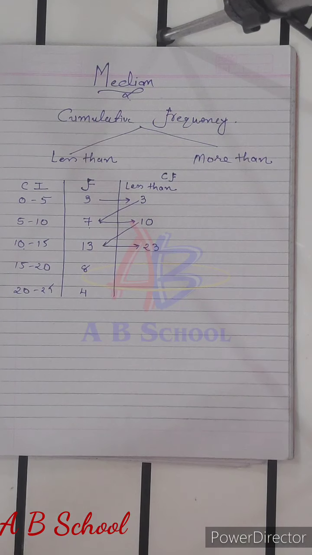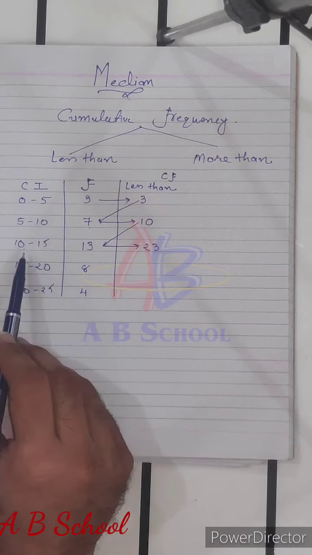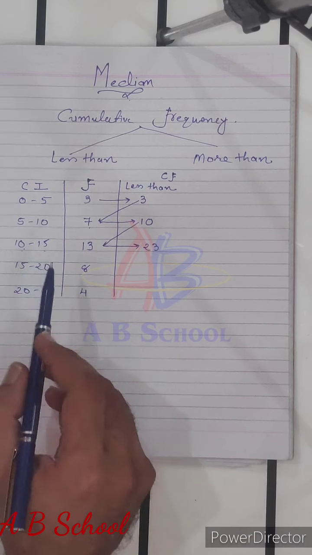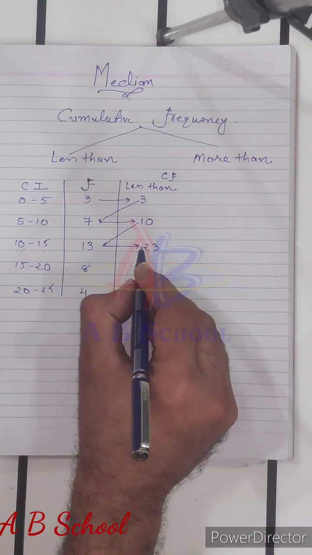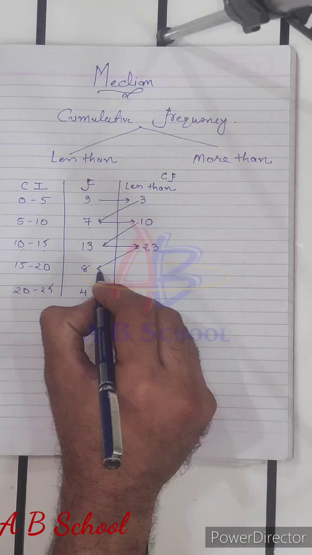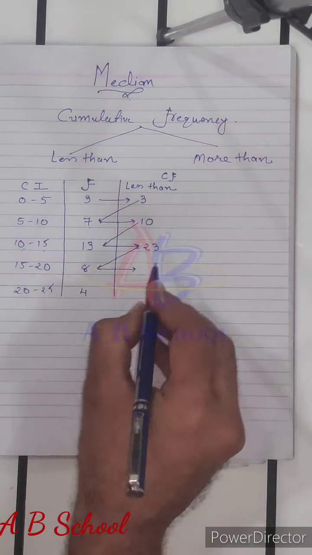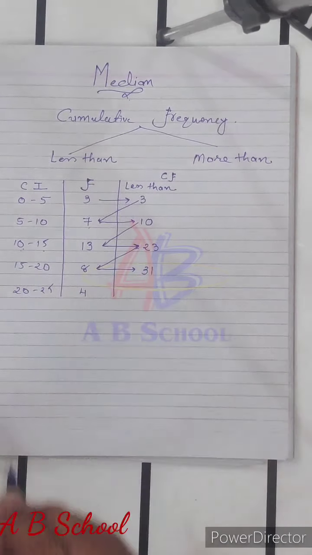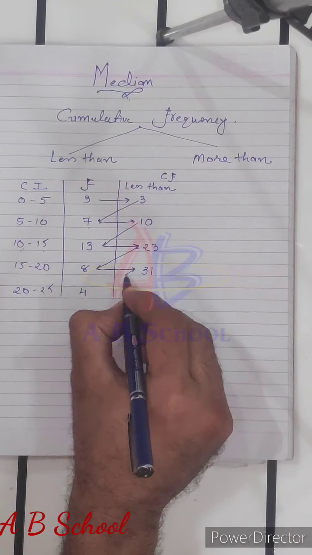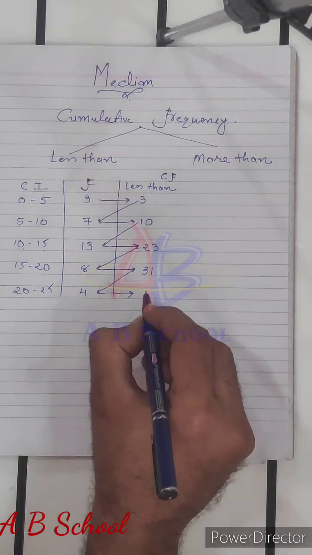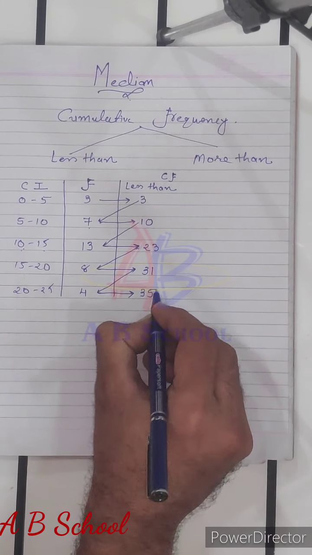So this is the cumulative frequency for the class interval 10 to 15. Now for the next class, the cumulative frequency of the preceding class plus the frequency of the given class, that is 23 plus 8, 31, and for the last class the cumulative frequency will be 31 plus 4, that is 35.